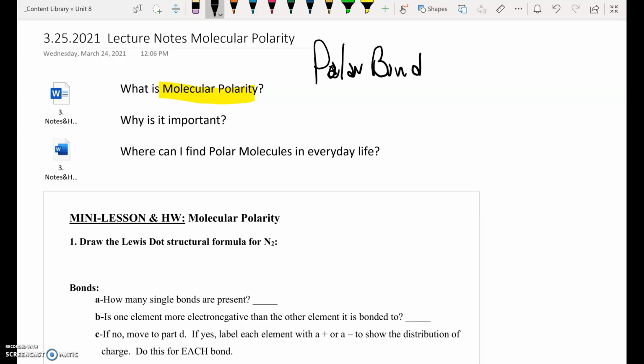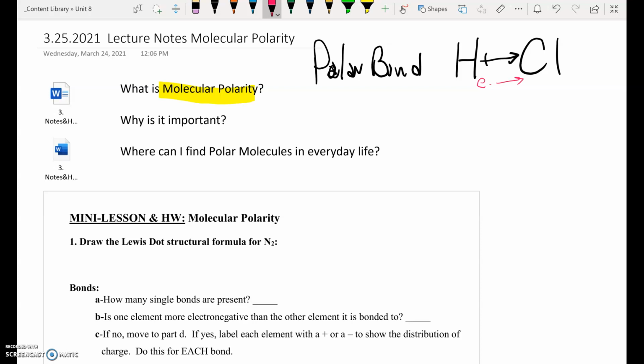Polar bonds are going to be between a metal and a nonmetal, where one of them has a much larger electronegativity than the other one. And by the way, you look that up on Table S. Two nonmetals, one of them has a much higher electronegativity than the other. As a result, you end up with a type of bond called a polar covalent bond, where the electrons are being shared unevenly.